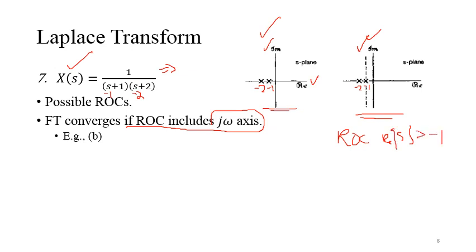So you have an ROC from here onward. This means that it includes the j omega axis. The Fourier transform of this signal converges, because it includes the j omega axis. So this is for the right-sided signal.